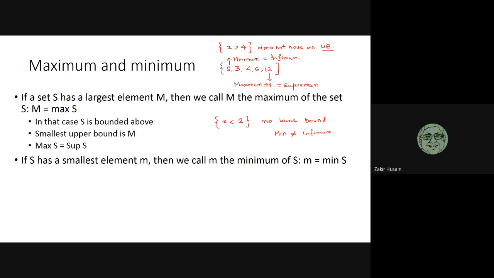Neither the minimum nor infimum exists. In this case, the maximum and supremum do not exist. I think it should be intuitively obvious also.